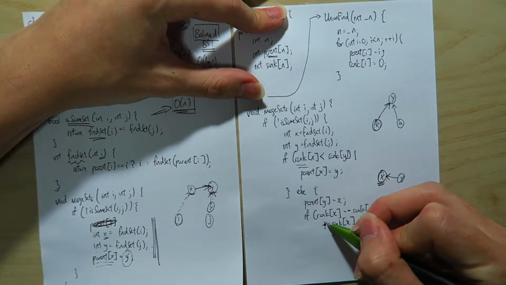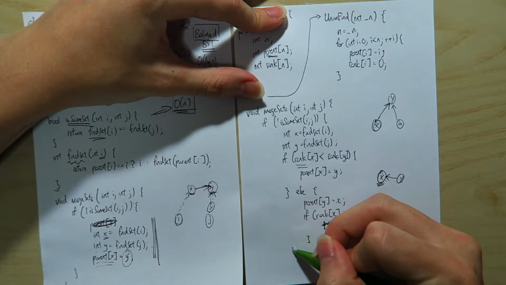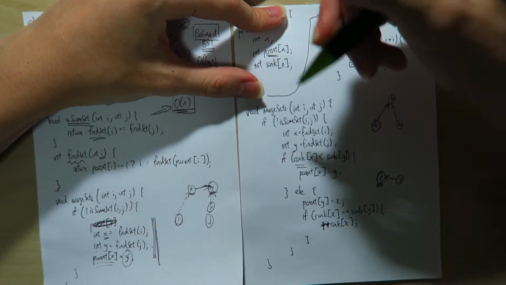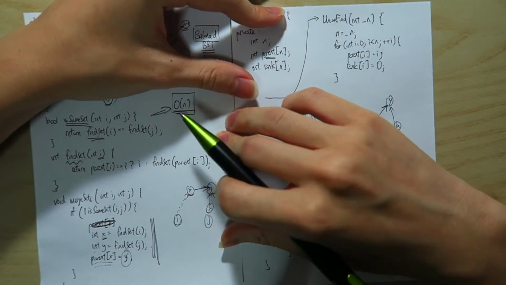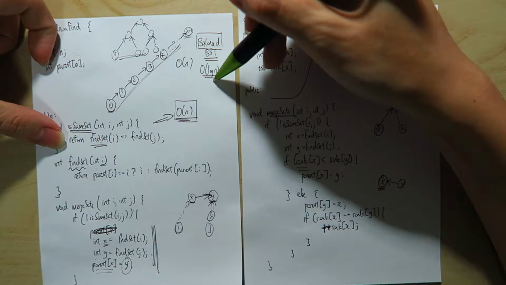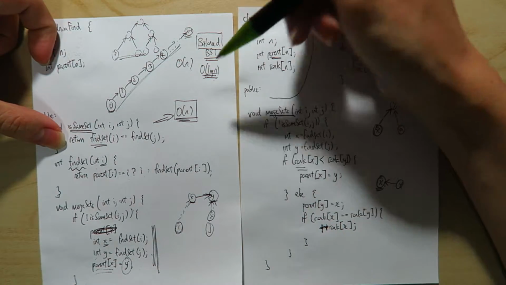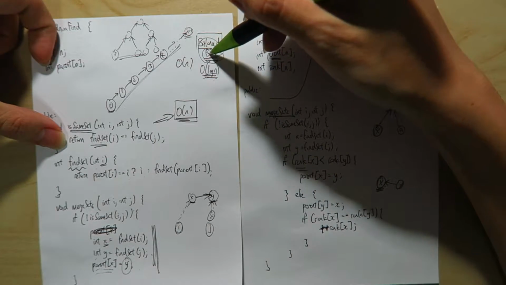So we add 1 plus rank x. This is really all we have to do in order to make our operations, instead of being O(n), reduce the runtime complexity down to O(log n), mainly because now it's really like a balanced binary search tree.